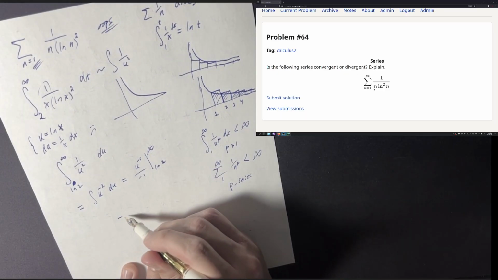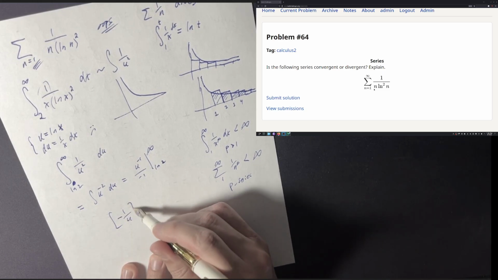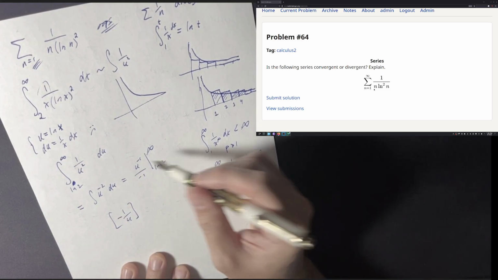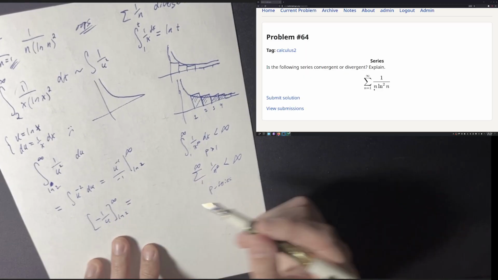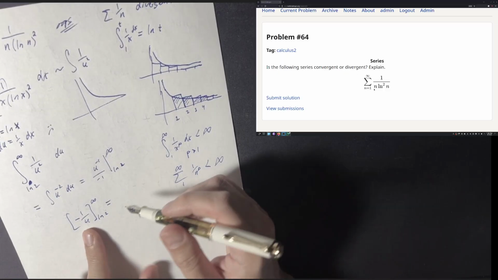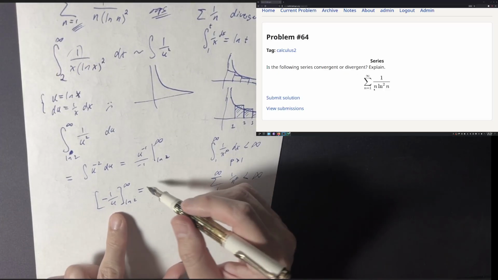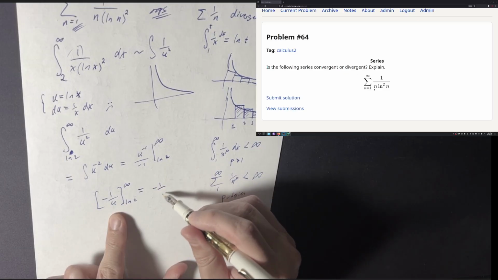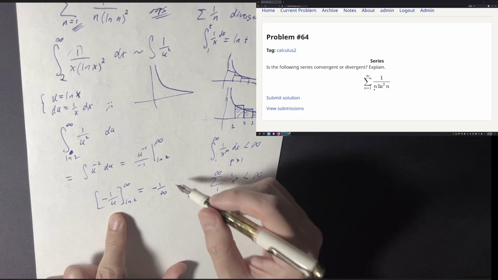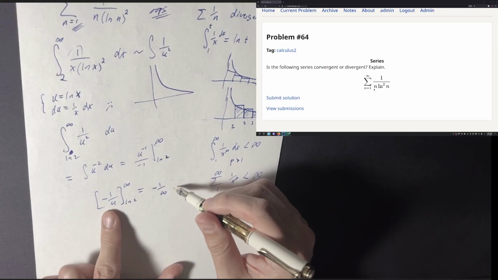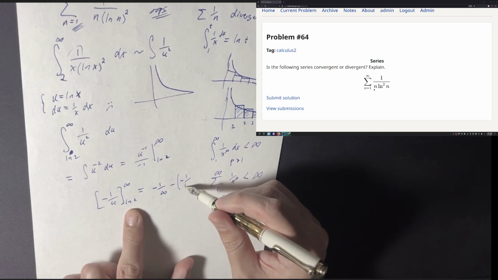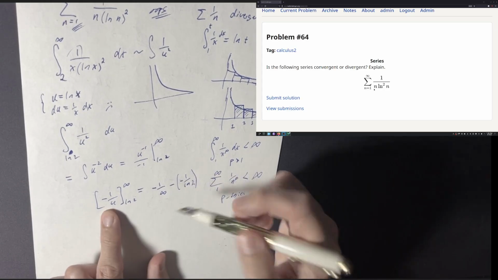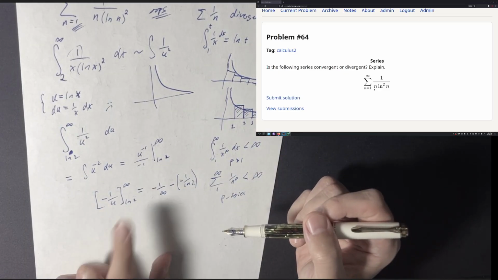In other words, negative 1 over u is this formula, and we evaluate at the top and at the bottom. I know this is a bit of an abusive notation, but this is the way I would normally do it: negative 1 over infinity, minus this function evaluated at the bottom. So this function evaluated at the top minus this function evaluated at the bottom.